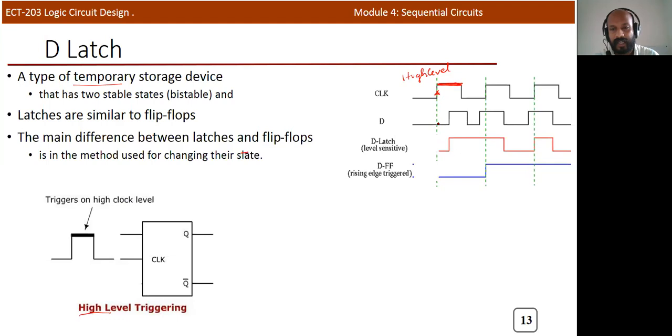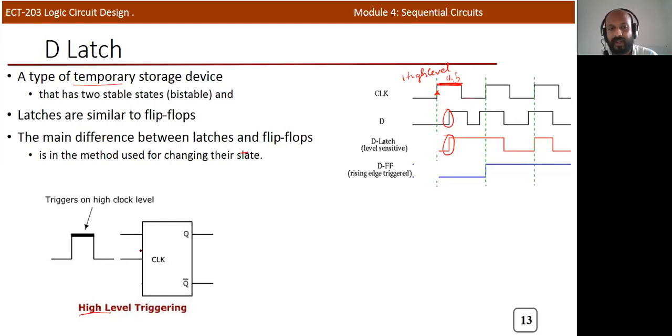At this particular instant, the input is 0, and the output is also 0. You can see that when the input is changing during this positive time, this high level, the output is also changing. But after this particular point, there is a negative part.